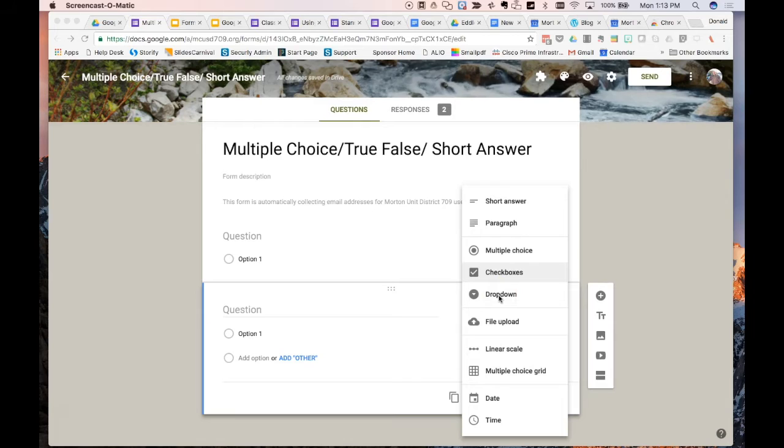Drop-down menu, that's if you have a lot of choices, it will save space because all the choices don't have to be on the screen at one time. This file upload, linear scale, multiple choice grid. So in this instance, you can basically build a quiz, a test, from Google Forms.